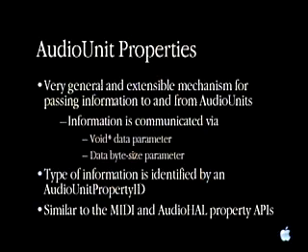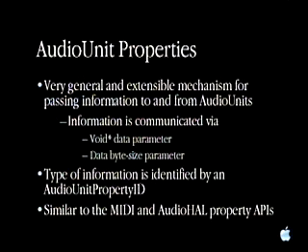Let me talk about audio unit properties. Properties are very, very fundamental to the way that audio units work, and a very general and extensible way to pass information to and from audio units. Audio units themselves implement a very small set of functions which can be called to deal with getting audio in and out and setting parameters and so on. But we created this property mechanism to allow audio units to be extensible.